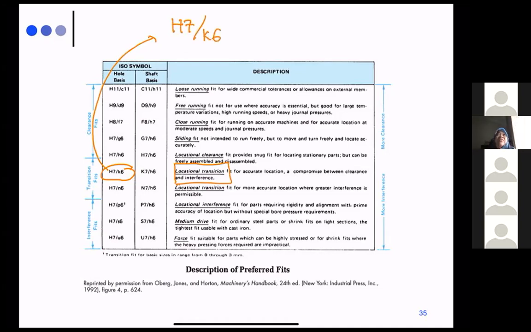Let's say your specimen has a diameter of 50 millimeter. So when you make the hole, that would be 50, and then check the tolerance for H7, which is the hole.